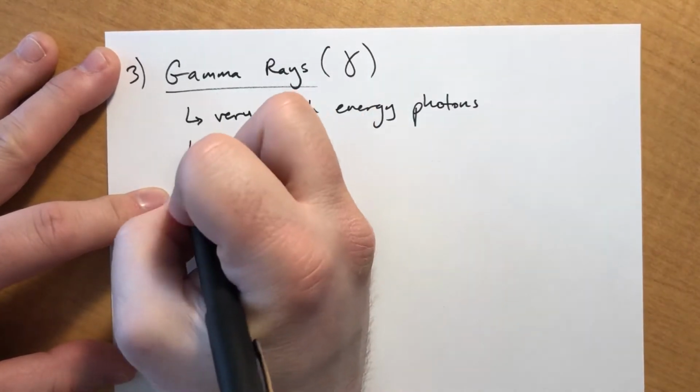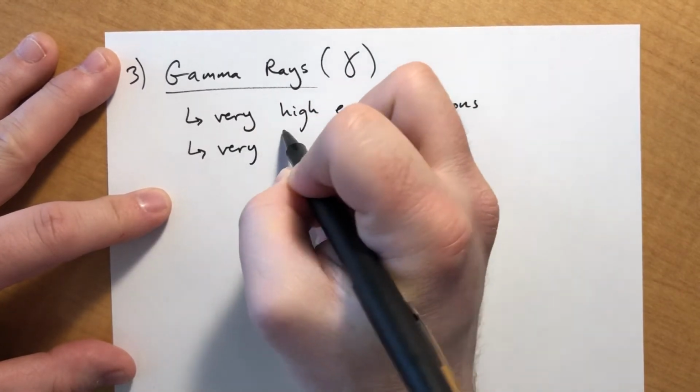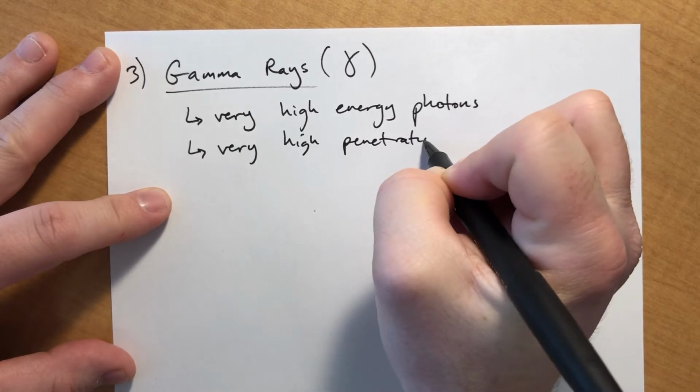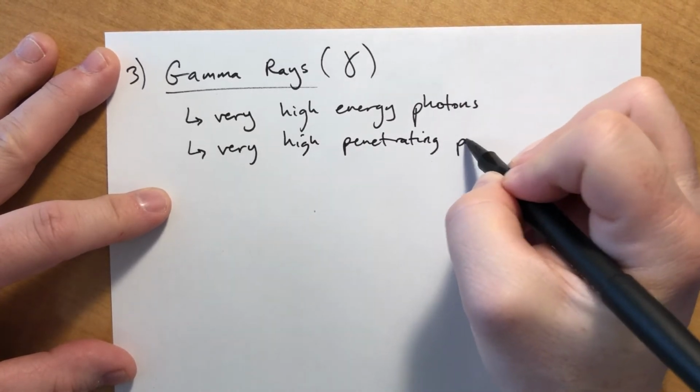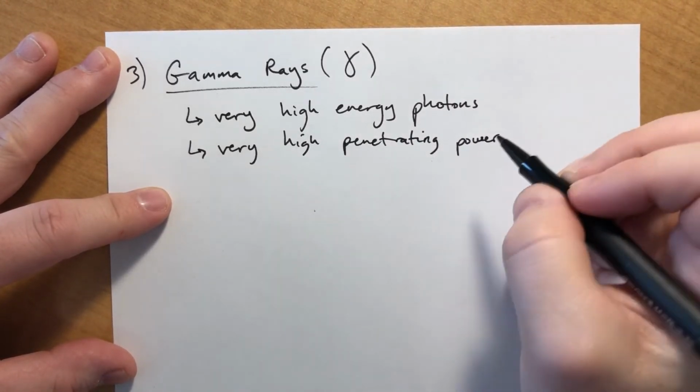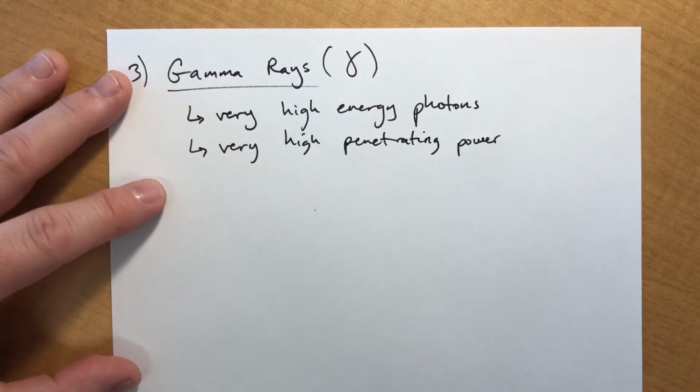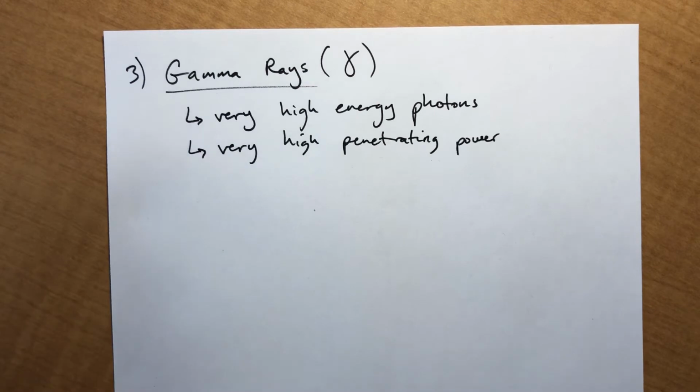Okay, and they have a very, very high penetrating power. Like literally nothing you can do will stop it. Like if one of them hits Australia and goes through the bottom of the planet, it could still get through and hit you. There's really nothing you can do to stop this one, so don't worry about it.